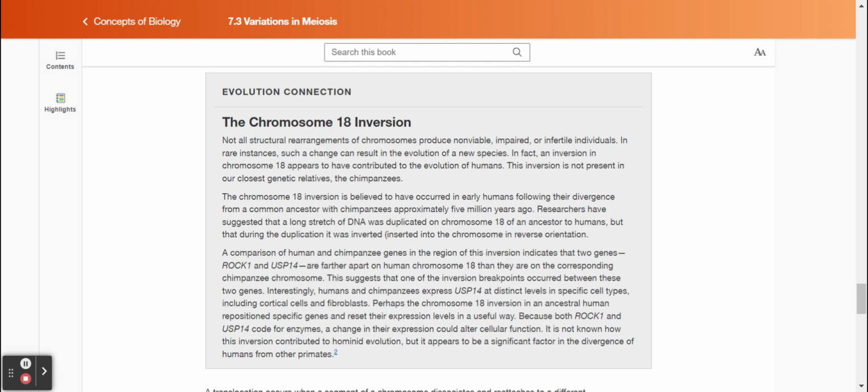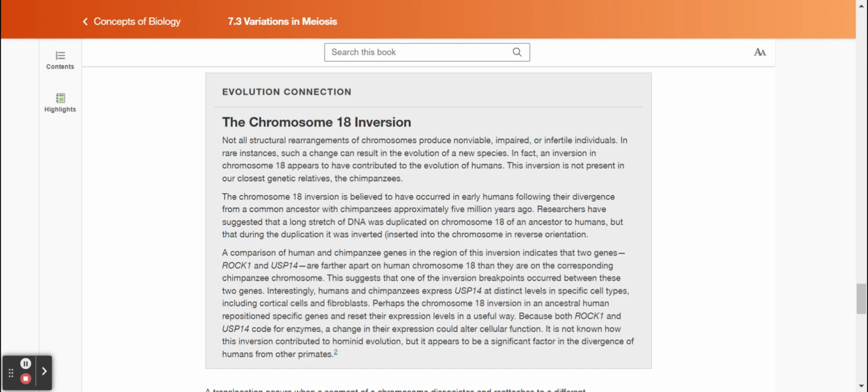Researchers have suggested that a long stretch of DNA was duplicated on chromosome 18 of an ancestor to humans, but that during the duplication it was inserted into the chromosome in reverse orientation. A comparison of human and chimpanzee genes in the region of this inversion indicates that two genes, ROC1 and USP14, are farther apart on human chromosome 18 than they are on the corresponding chimpanzee chromosome.